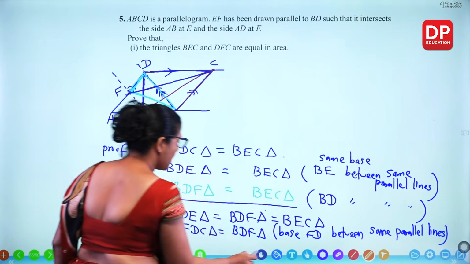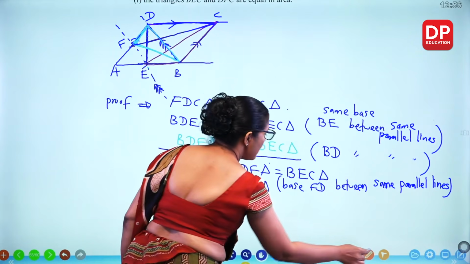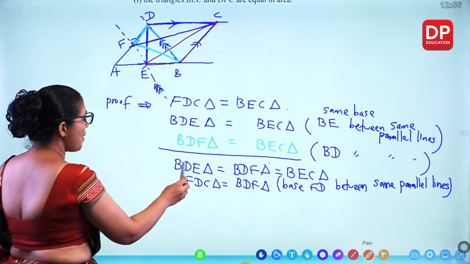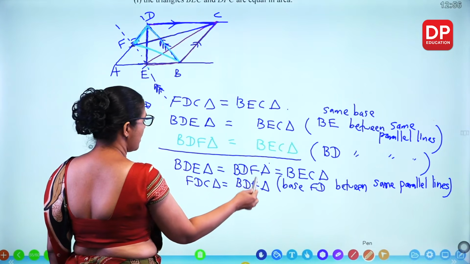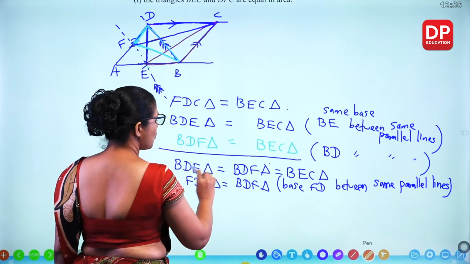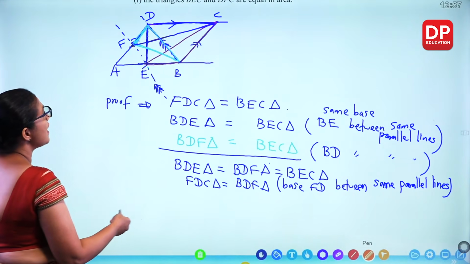Now what can you say now? When you look carefully, FDC and BDF, this one is equal to this, as well as this is equal to this. So all these are equal.